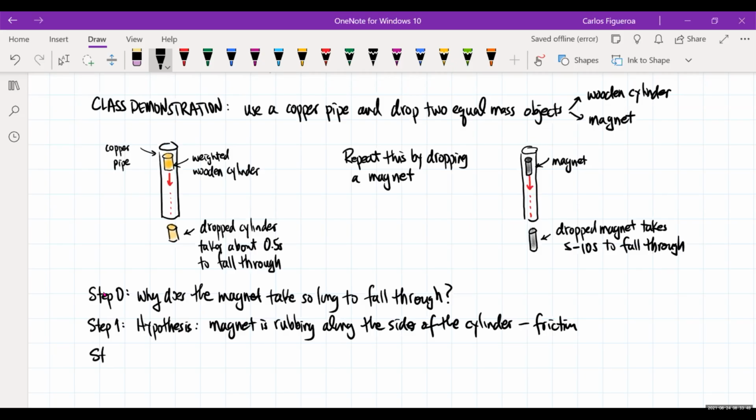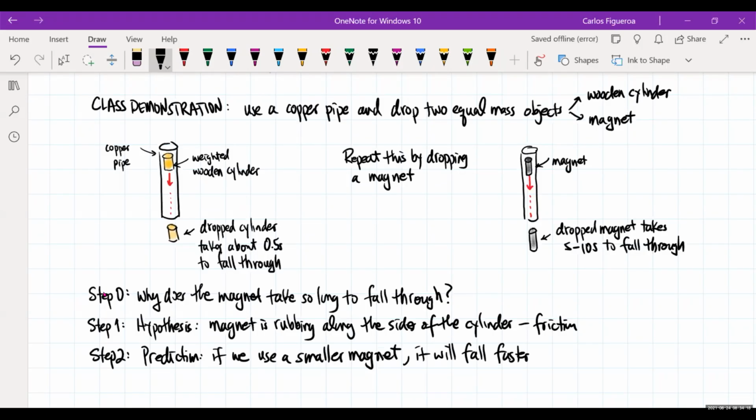So then you come in here and you say, okay, I want to make a prediction. My prediction is that if we use a smaller magnet, it will fall faster. Okay. So then the scientific method says what?